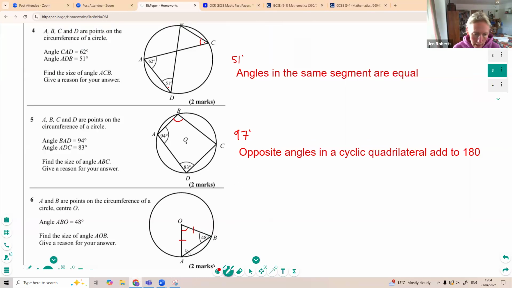So we know this base angle here is also 48. So 180, take off 48, take off 48 is 84. And the reason here isn't a circle theorem as such, but we know because triangle AOB is isosceles.